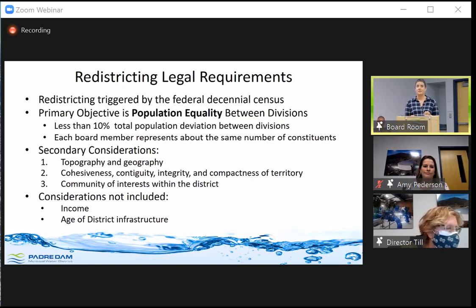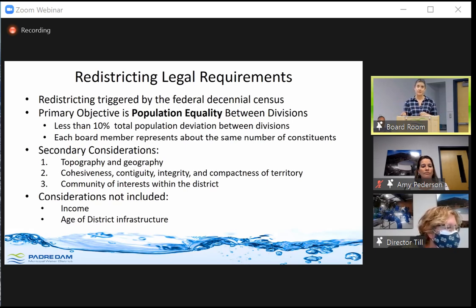Secondary considerations can have exceptions made to them, primarily when we're trying to make sure that we have equal population distribution to balance the population between those divisions.